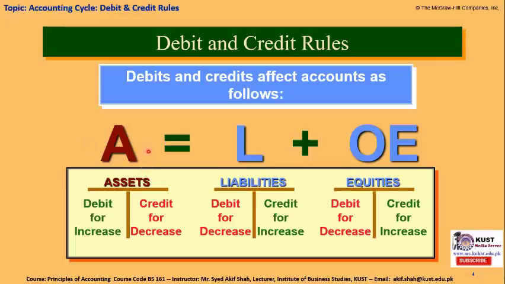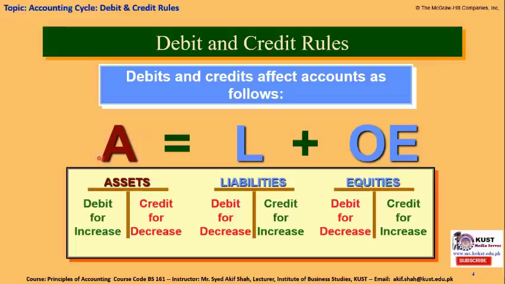So we have to discuss our debit and credit from the perspective of that legal entity, that may be a corporation or a company form of organization. So we are assuming that we are going to discuss all these debit and credit rules from the perspective of the company form of business organization, which is normally a legal form of business entity.